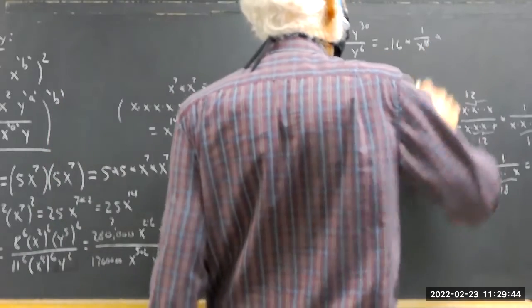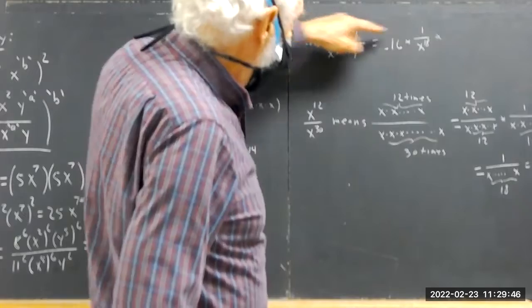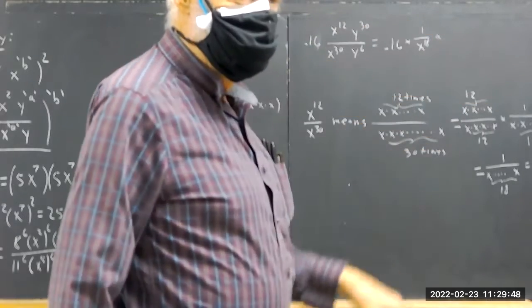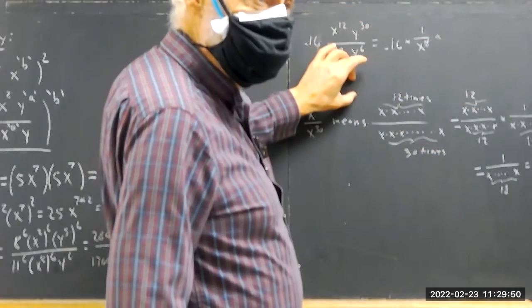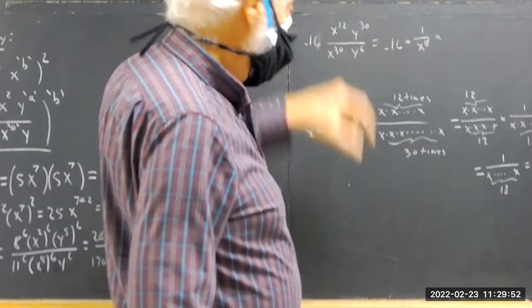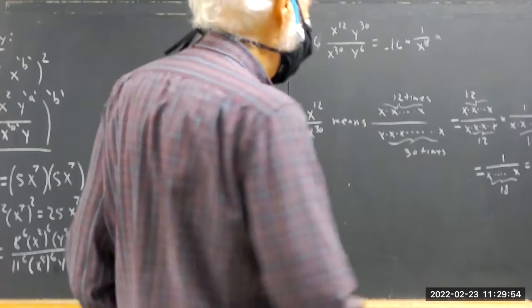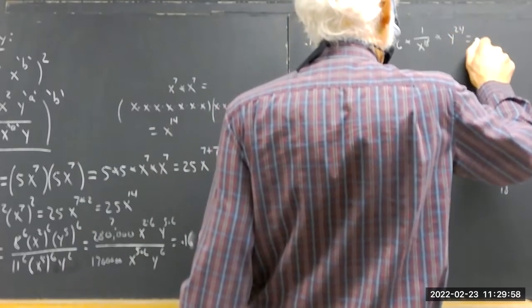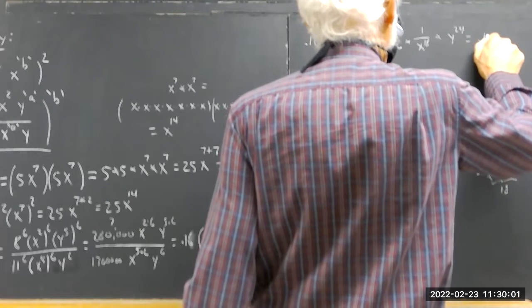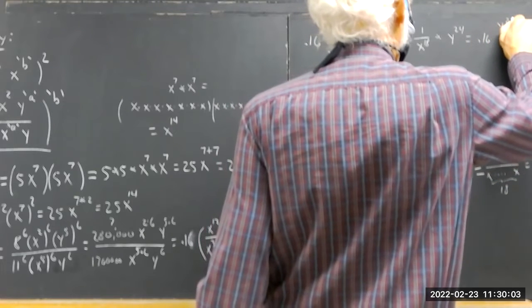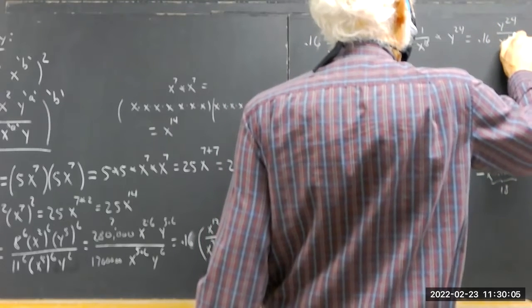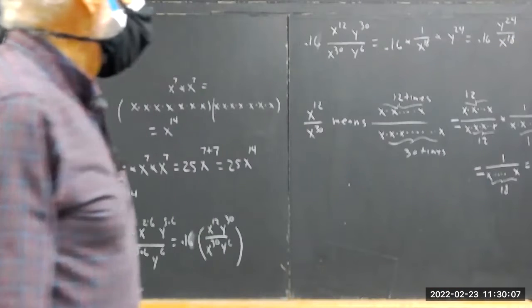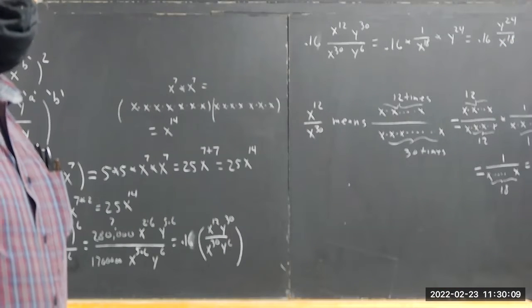And you can do the same thing with the y's. You're going to have a string of 30 y's here, a string of 6 y's here. You can match 6 of these up with these. Gives you 1 and leaves you 24 of them, right? So that's it times y to the 24th. And you get this. Okay.